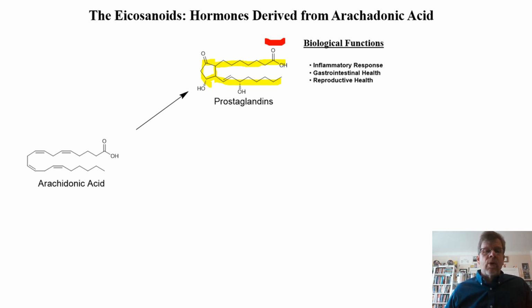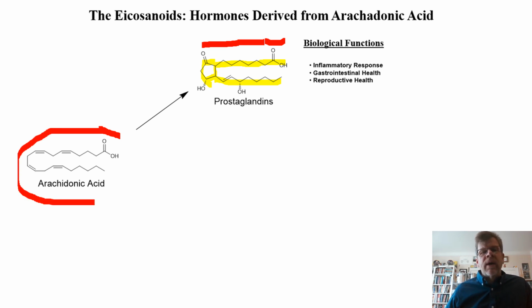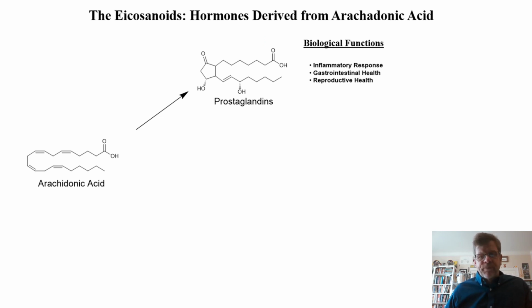That carboxyl group is echoed in the original arachidonic acid. So if we follow arachidonic acid around again and making this sort of loop right here, we can sort of see that echo again in the prostaglandin as well. It's obviously a different compound, but we see that echo within there.